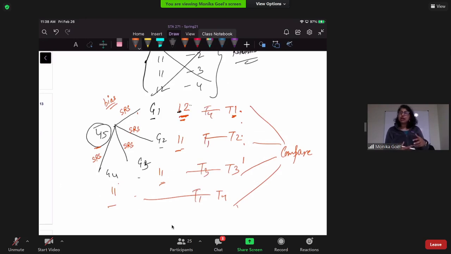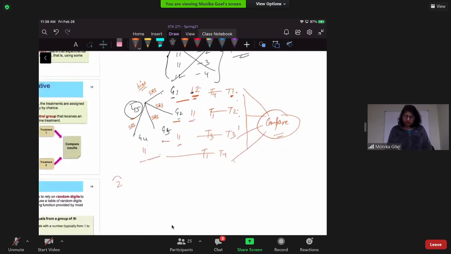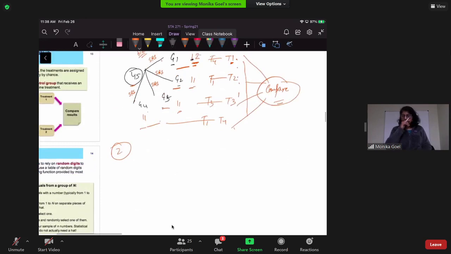So you can first make the groups using randomization, and then you can also randomize the treatment, or you can just use the treatment the same way because you already randomized here. And then you compare the results. And that is called your completely randomized design. Questions? If not, the next one is randomized block design.